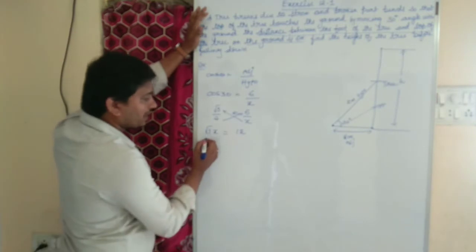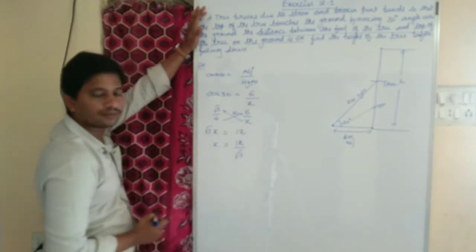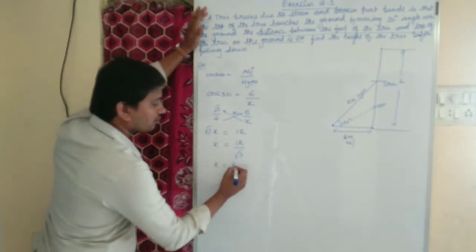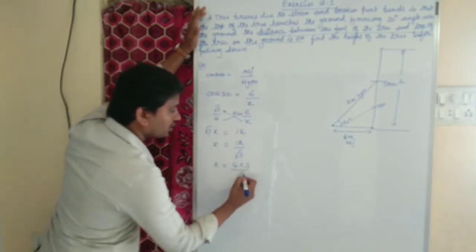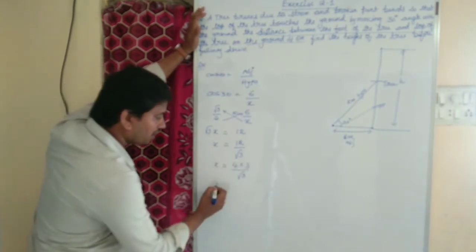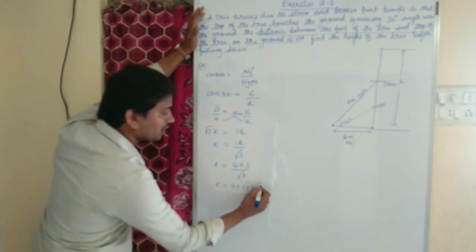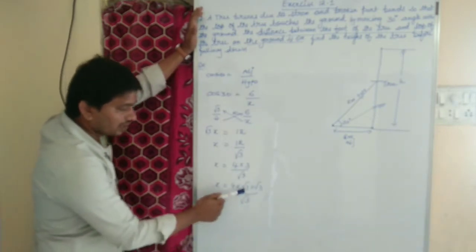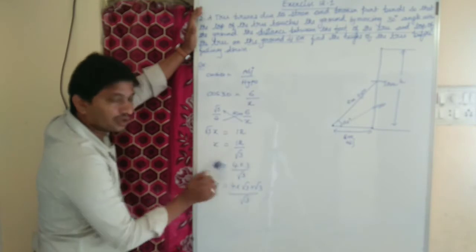As root 3 is multiplying here, if you transpose, x is equal to 12 by root 3. 12 I can write as 4 into 3, so 4 into 3 by root 3. Now this 3 I can also write as root 3 into root 3, divided by root 3.